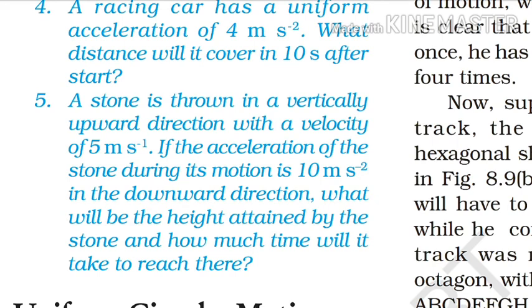So 0 minus 5 divided by minus 10, it means 5 by 10, it means 1 by 2, it means 0.5 second. So half a second is taken by the stone to reach its maximum height.